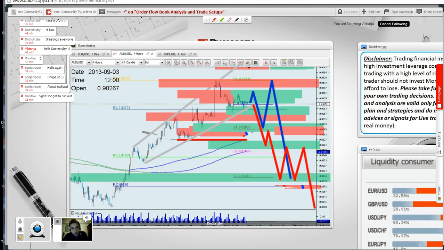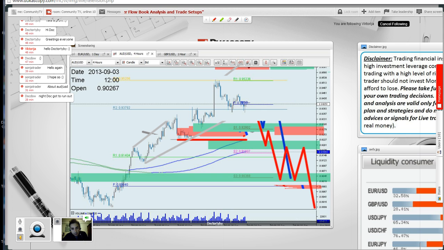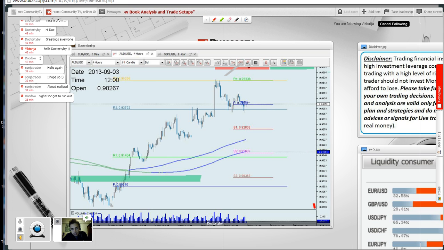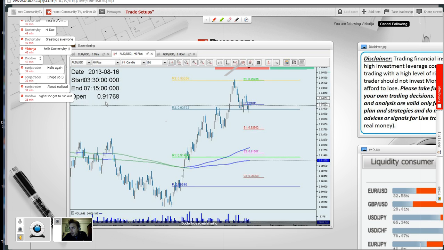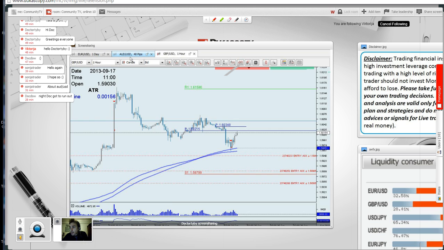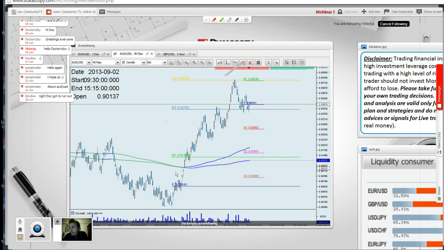Okay, let's see the correlated range bars chart. 40 pips. Bearish signal from 0.9450, 0.9420. Another bearish signal from 0.95.